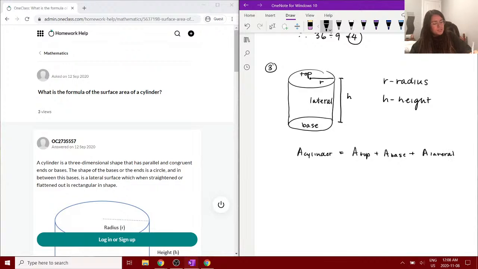But since we see that the top and the base are the same circle, we're going to group these together, and we're just going to say 2 times the area of the base plus the lateral area.